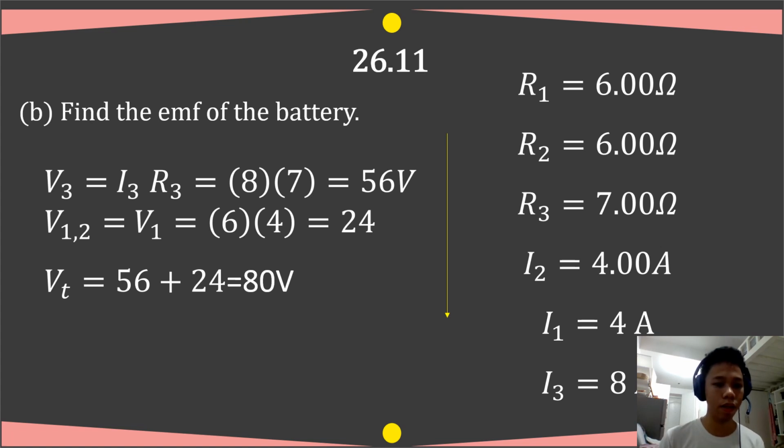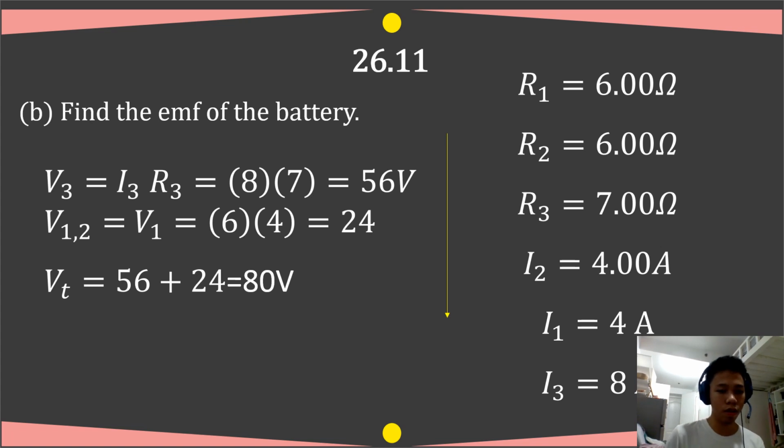So, find the EMF of the battery. First of all, we're going to use the formula V equals IR to find the voltage V3. You just substitute the given values, and you're going to get 56 volts. And V12, the voltage across 1 and 2, is connected in parallel with V1, so they're equal to each other.